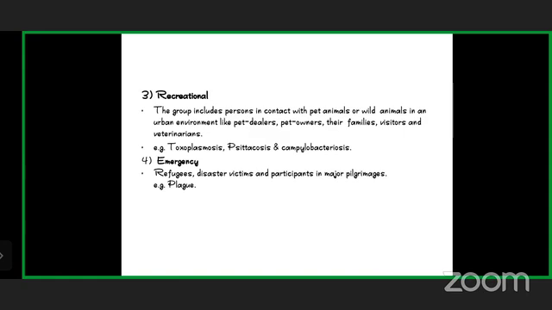So now, I just listed all the diseases which are common to the people who are involved in various occupations.